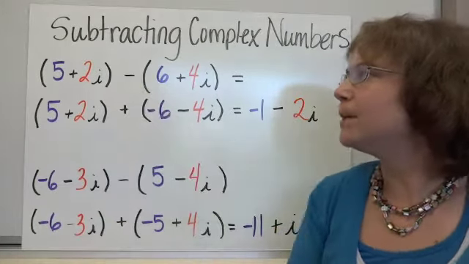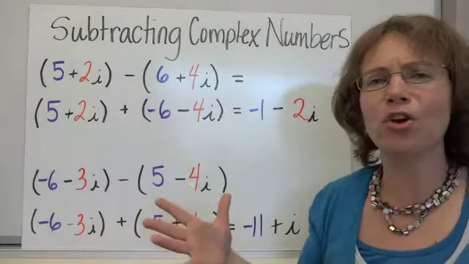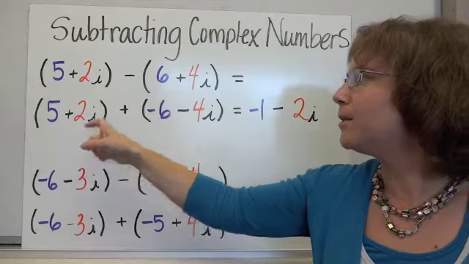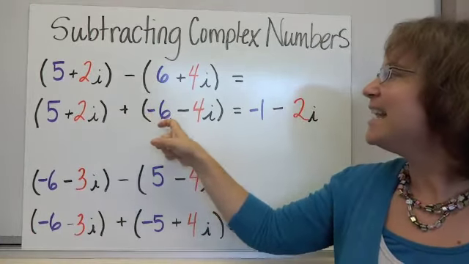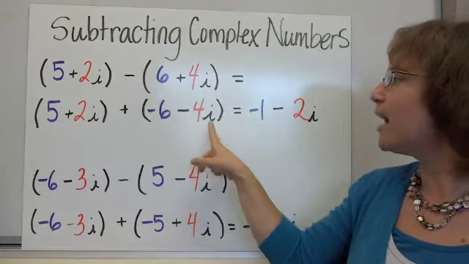We're going to distribute this negative to our complex number, kind of like with polynomials when we were subtracting different polynomials from each other. So let's rewrite that after distributing the negative: 5 + 2i plus negative 6, distributing that negative, minus 4i.